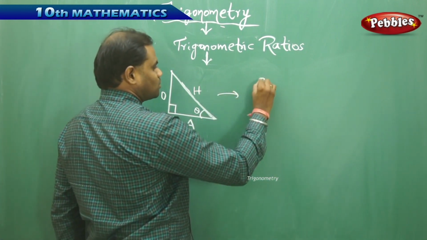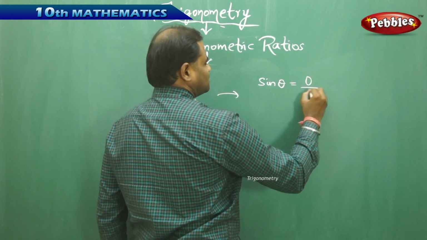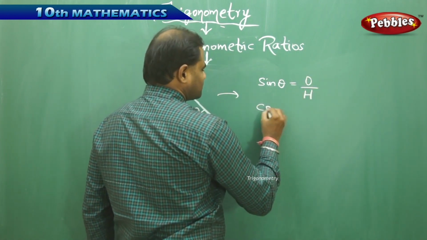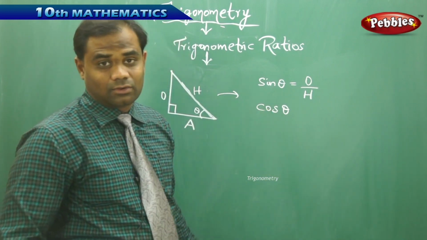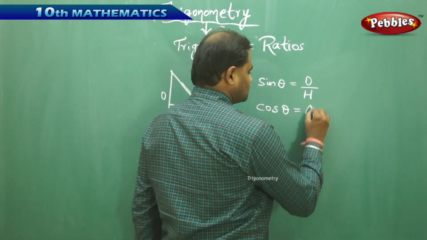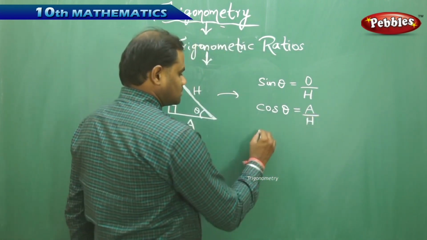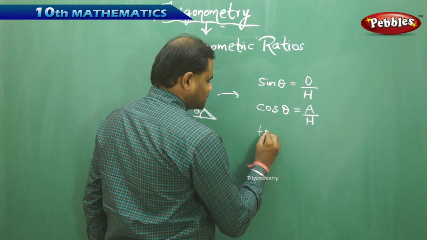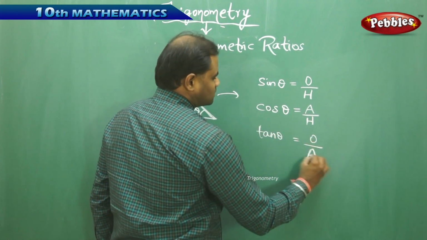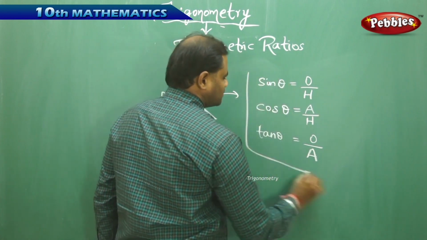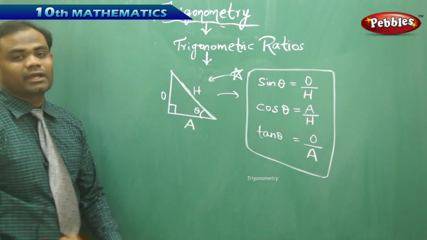Then the first trigonometric ratio, which we call sine theta, is opposite by hypotenuse. The second, called cos theta or cosine theta, is adjacent by hypotenuse, and the third, which is tan theta or tangent theta, is opposite by adjacent. These are the three trigonometric ratios identified for a right angled triangle.